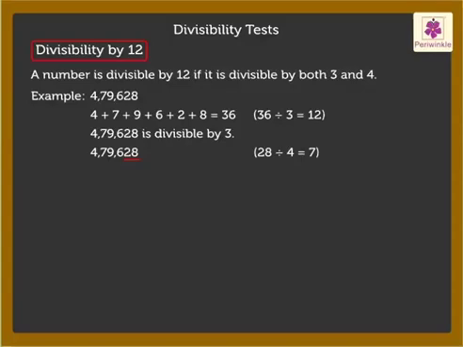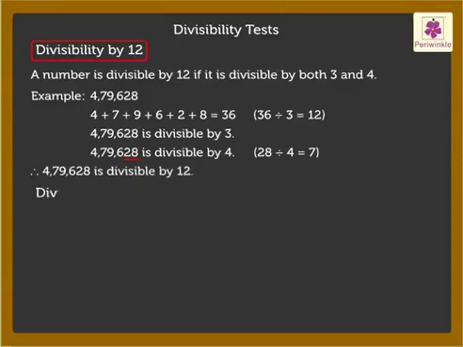Thus, we say 4,79,628 is divisible by 4 also. Therefore, 4,79,628 is divisible by 12.